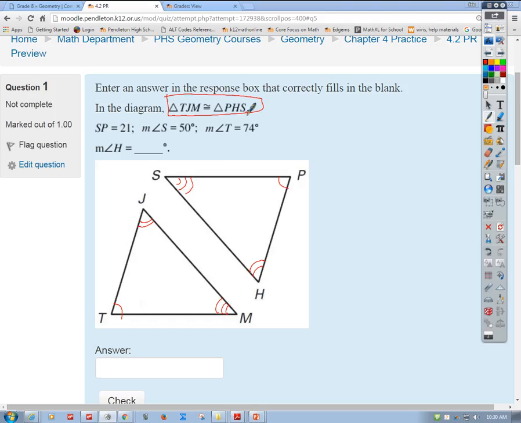Good. I could say HS and JM are congruent. What's another pair of sides that would be congruent? SP and MT. And then the last one? TJ and PH.